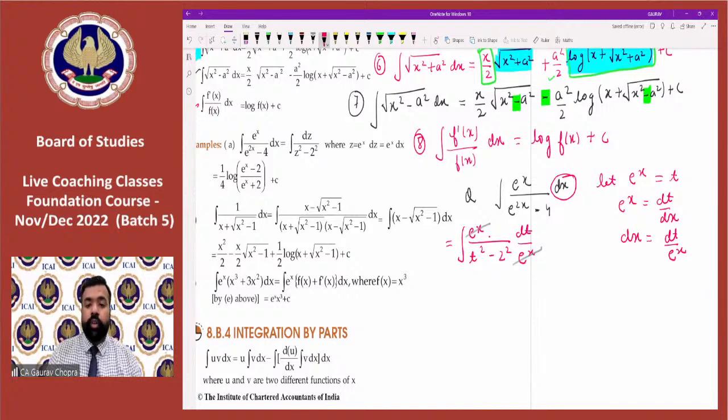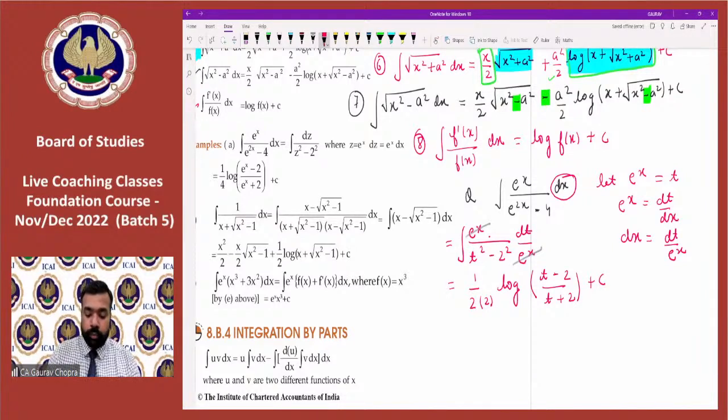So we can apply the formula of integration of 1 upon x square minus a square. It will become 1 upon 2a, a is simply 2, then log of x minus a upon x plus a, and then plus c.